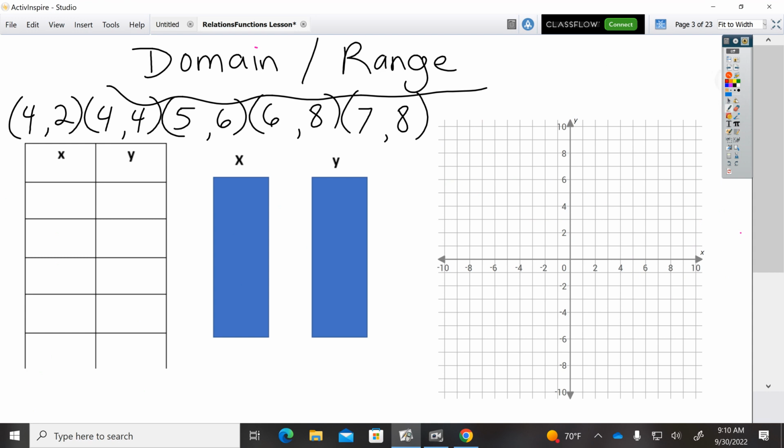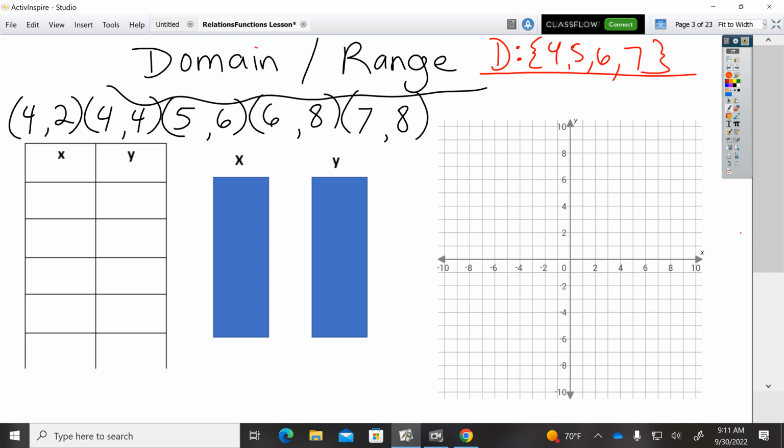Now, I don't need you to graph anything on this page. I just want you to put a capital D. And now tell me all of the values of the domain here. What are the values of the domain? 4, 5, 6, 7. Are there any other x values?